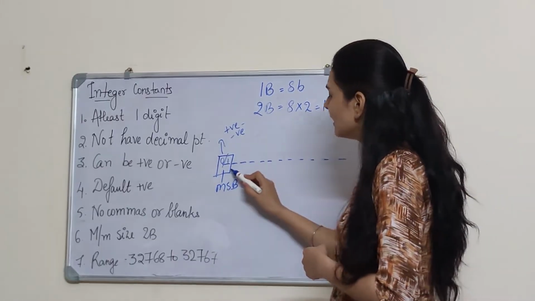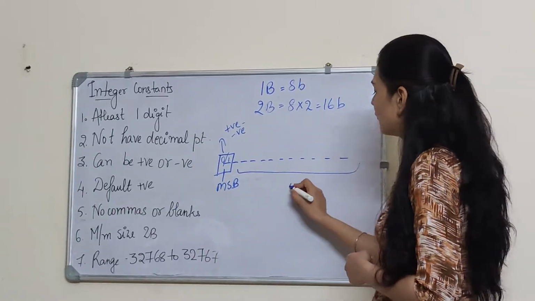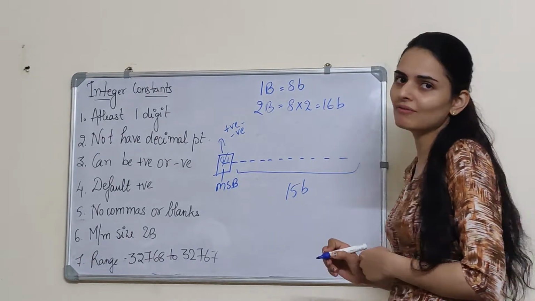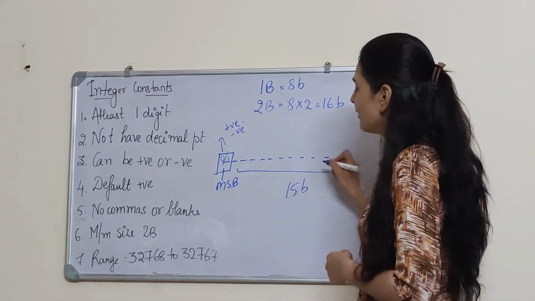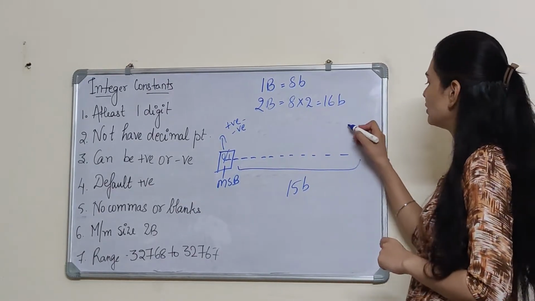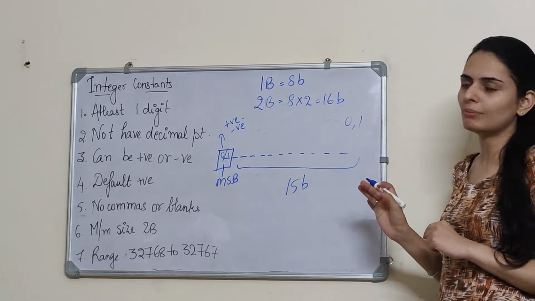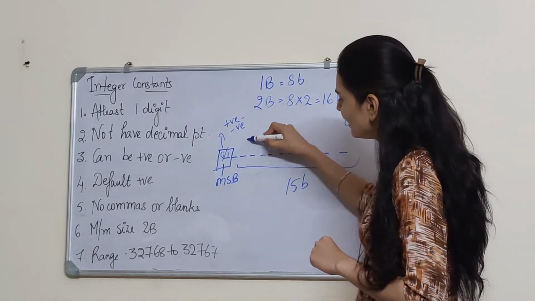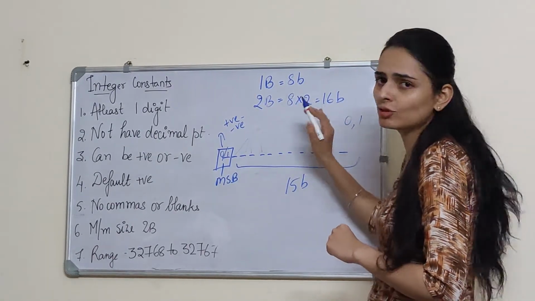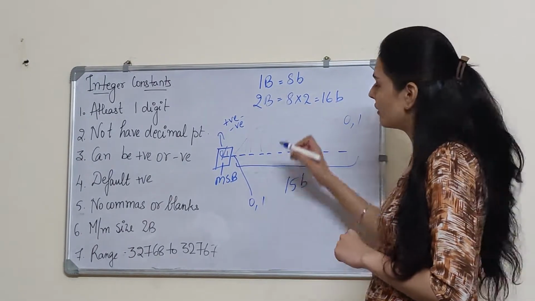Now other than this most significant bit, we have in total 15 bit locations. For each and every bit location, we know that for the machine level language, we have two possibilities. That is, either there will be 0 or there will be 1. Over here, either 0 will go or 1 will go.